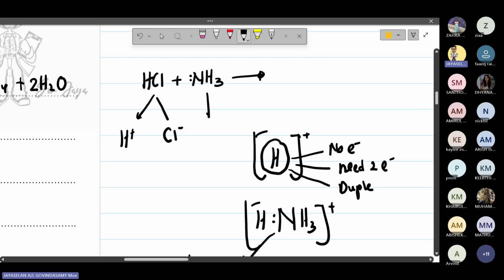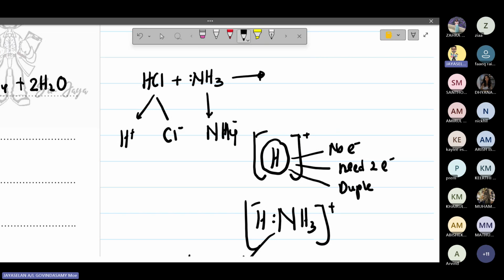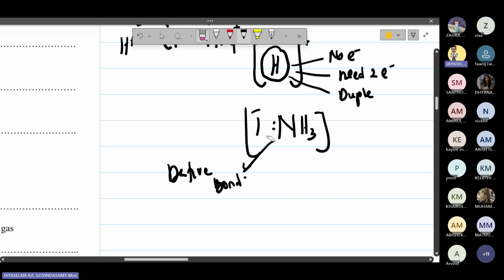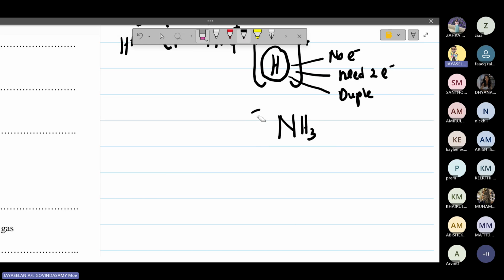So here what do you take? You take only one ion, ammonium ion. Why ammonium ion? So the hydrogen, I repeat so that you understand. This is nitrogen, this is ammonia. Ammonia has 2 extra electron. So hydrogen ion needs electron. It needs 2 electron to achieve duplet.